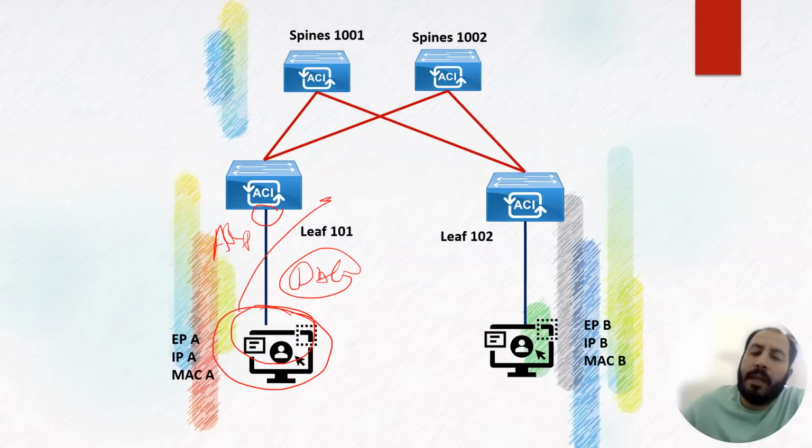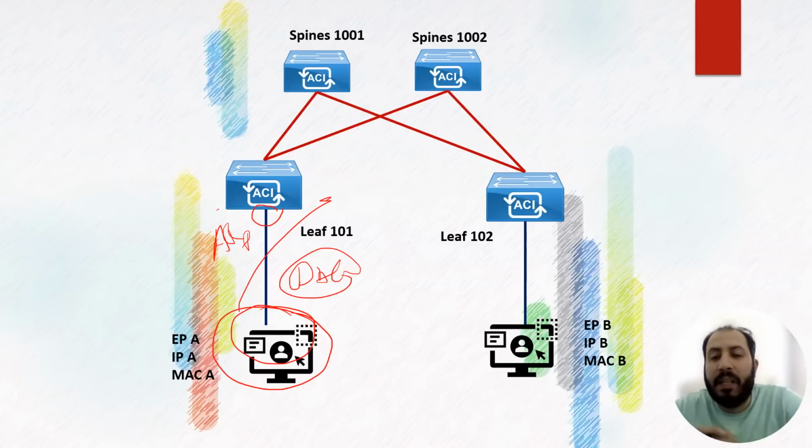What if I have a silent host? There's also a gratuitous ARP that can be generated from the leaf itself in order to activate a silent host. When I say silent host here, I'm referring to a server which is sitting idle in the environment and not sending any traffic. However, it shows that it is physically up.